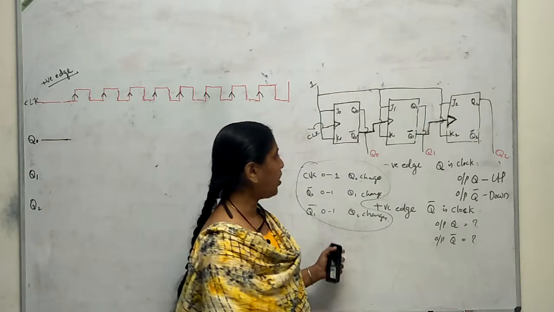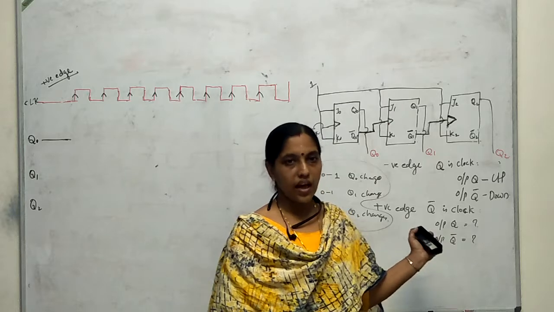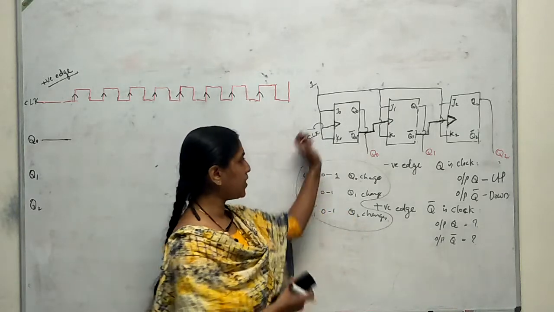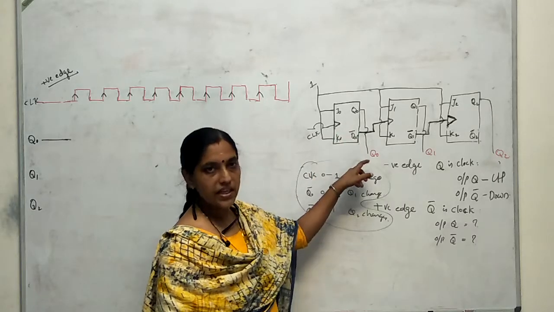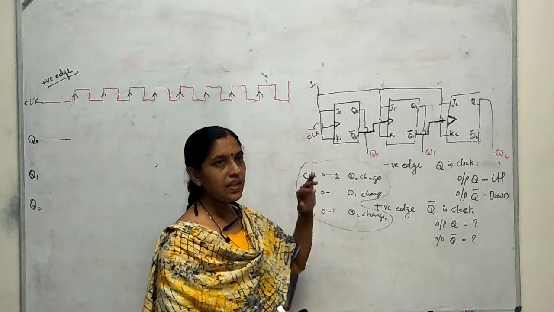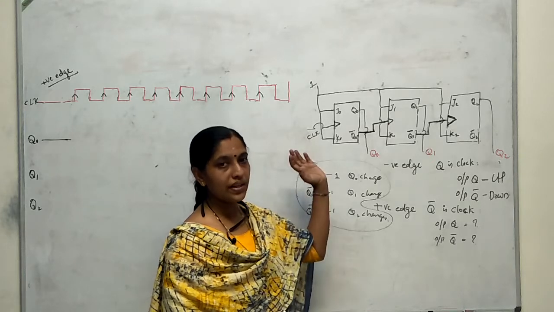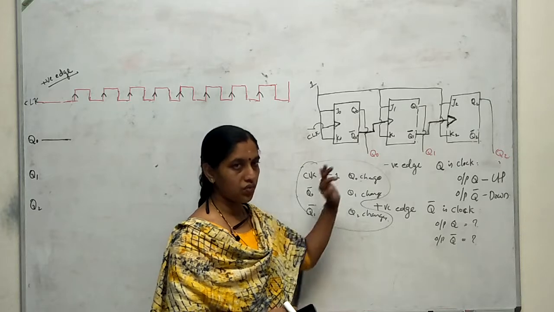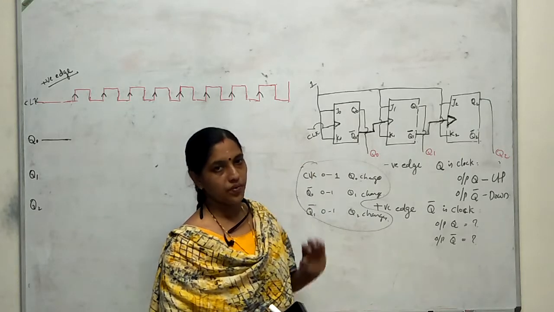Continuing our discussion on counters, in the previous case we took negative edge-triggered flip-flops. Now in this case I have taken positive edge-triggered flip-flops. Whenever there is a 0 to 1 clock transition, the output will change.